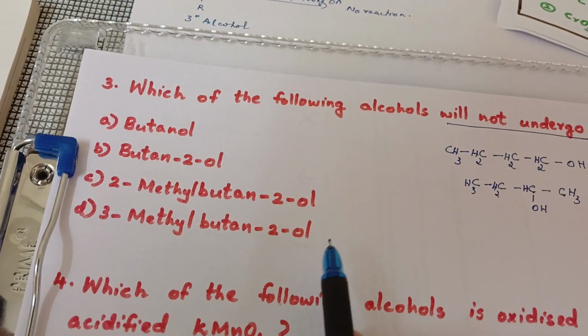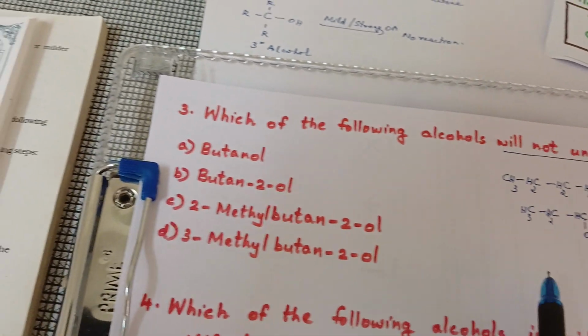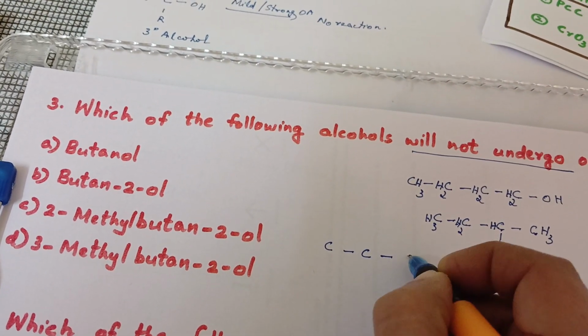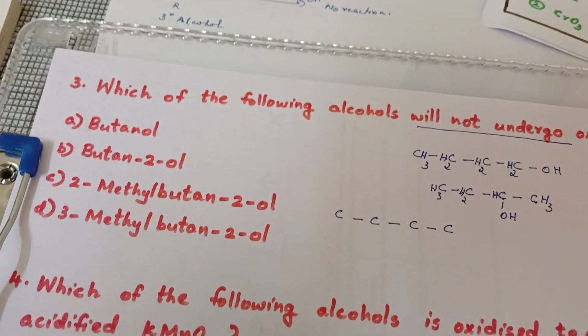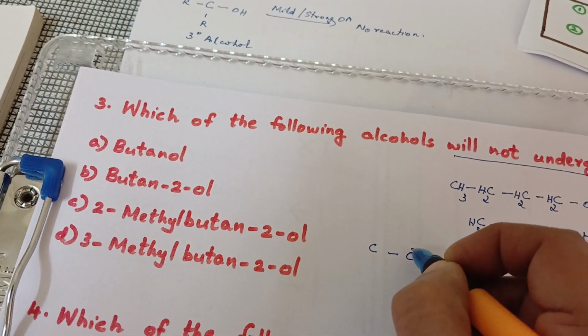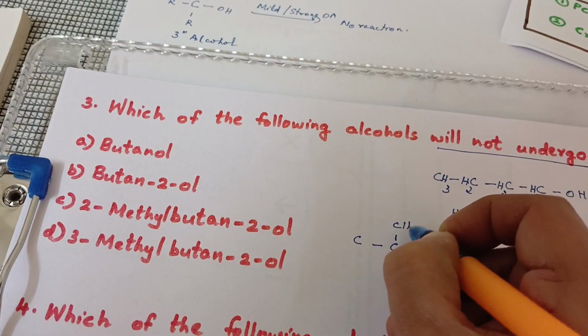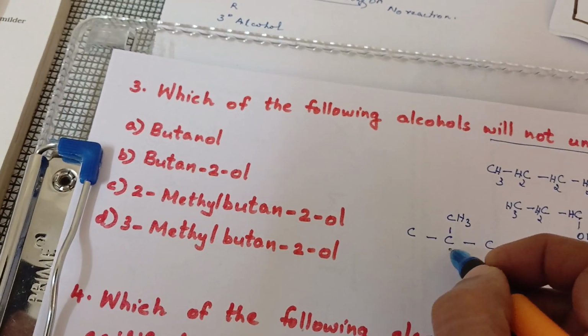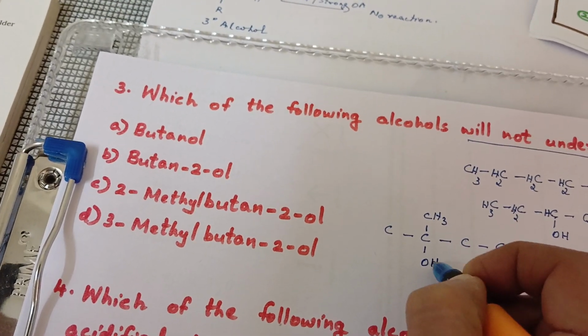What about 2-methyl-butan-2-ol? Let us see. 2, 3, 4. 2-methyl. If you're numbering from here, you have a CH3 here. Then on the second carbon itself, you have the OH also.